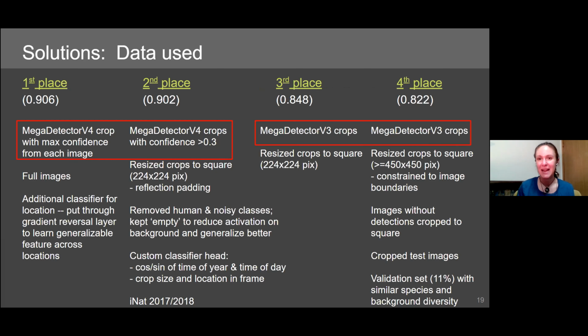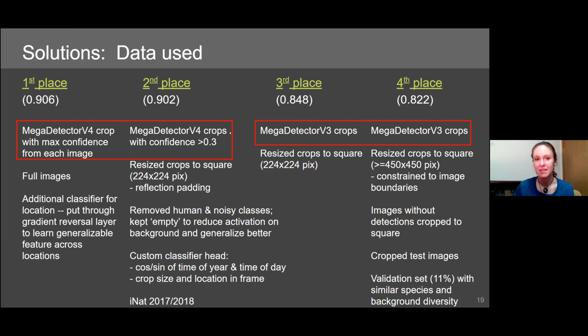Okay, so comparing the 1st to 4th place solutions, I've put them at the top with their scores. On the data, all 4 teams used the crops from Megadetector. The 1st and 2nd place used Megadetector version 4, whereas the 3rd and 4th used the provided Megadetector 3 crops.